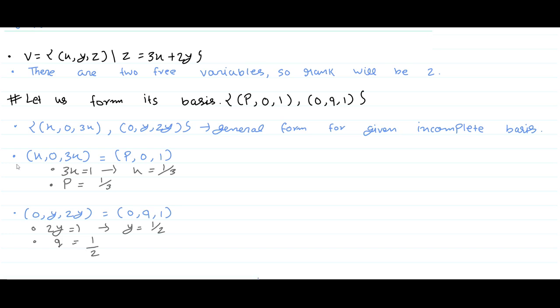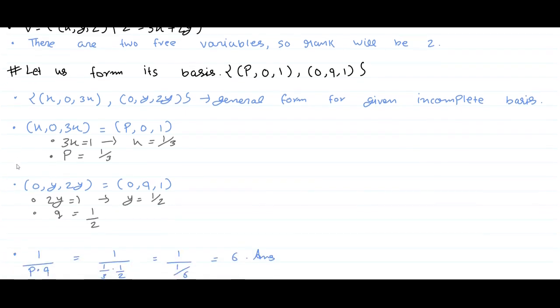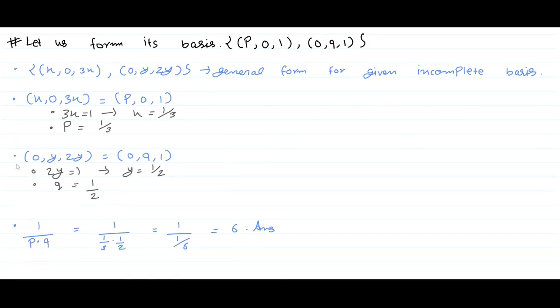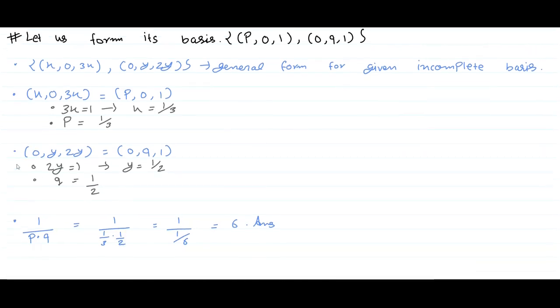So it means that x will be 1 by 3. Hence, the value of p will be 1 by 3. And similarly, the value of q will be 1 by 2. Now if we find the value of 1 by p into q, then it will be 6. Hence the answer of question number 10 is going to be 6.